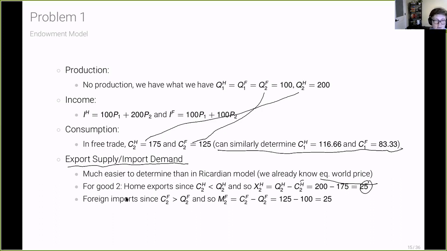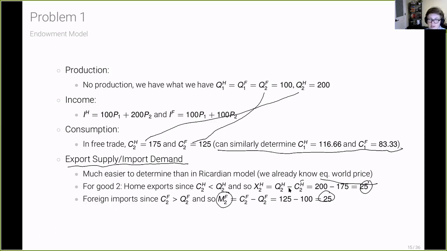And likewise, foreign is going to be importing good 2 because foreign's consumption of good 2 is higher than what it was endowed with. It's natural to think that whatever home's exporting to foreign is going to be exactly what foreign is importing from home.